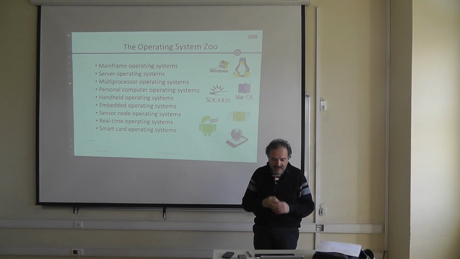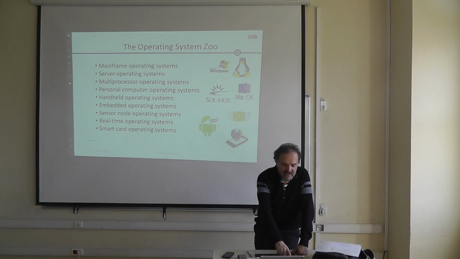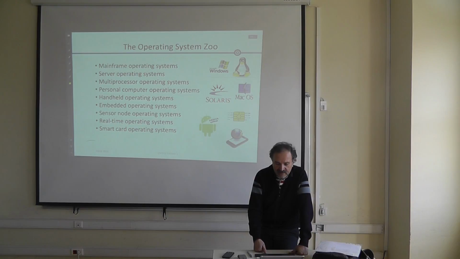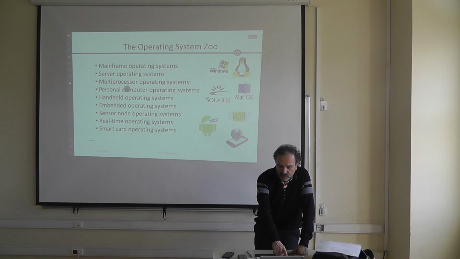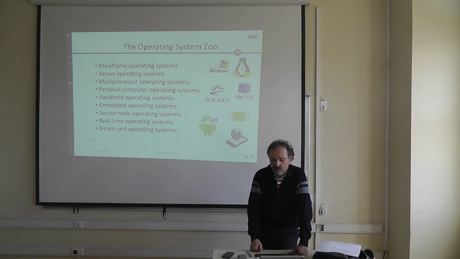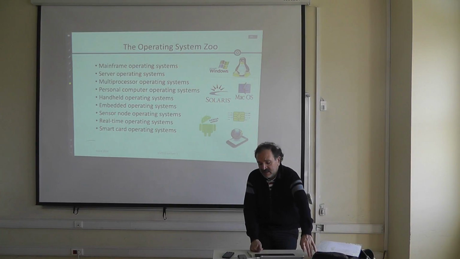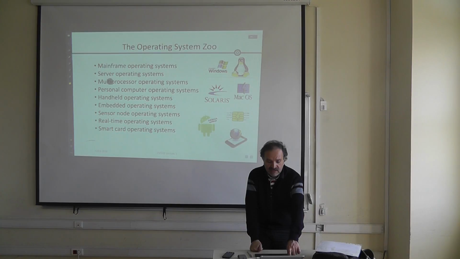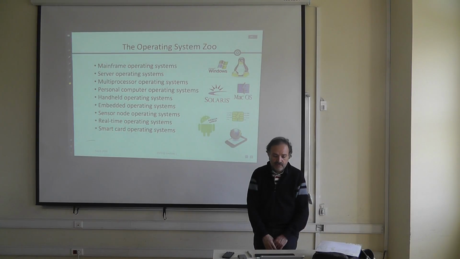If an operating system is a smart card operating system, it's a smart card operating system. You cannot use it as a personal computer operating system, but some of them can be used as both personal computer operating system and multiprocessor operating system. For example, the operating system on this computer is both personal and multiprocessor, and it can behave as a server too.